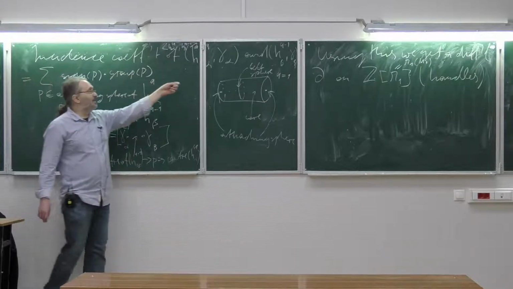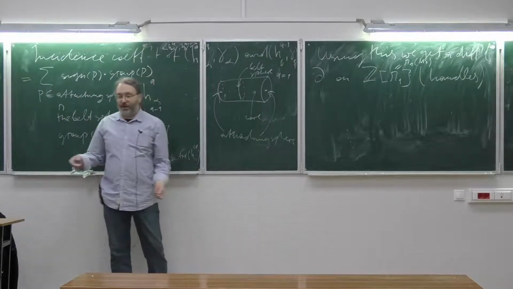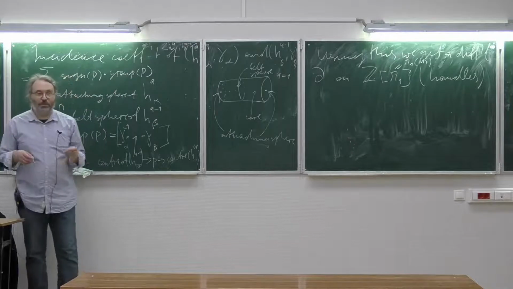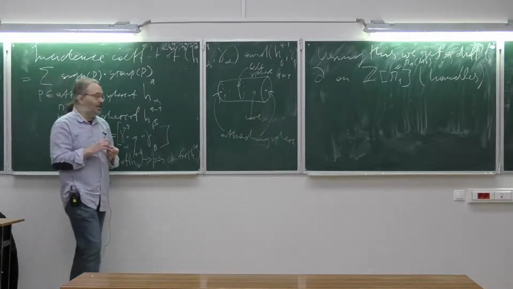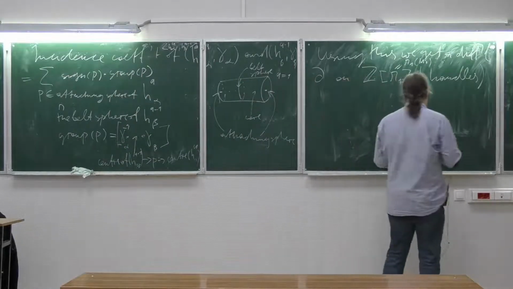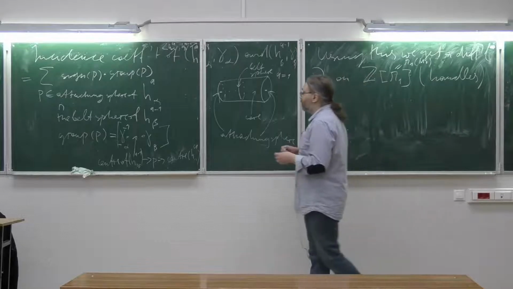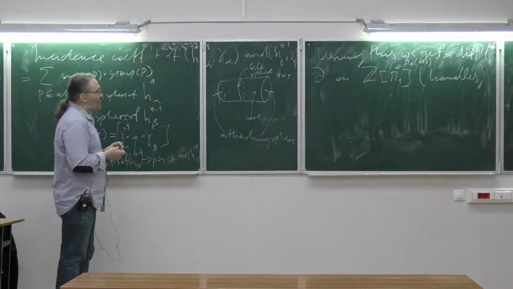Just by concatenating those gammas with elements of pi 1. Does this make any sense?